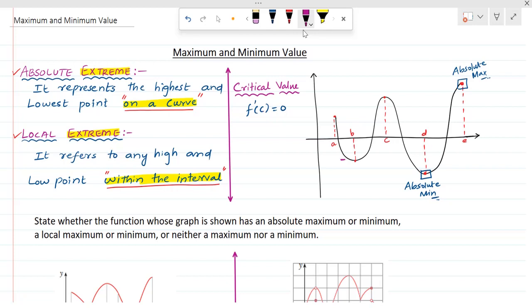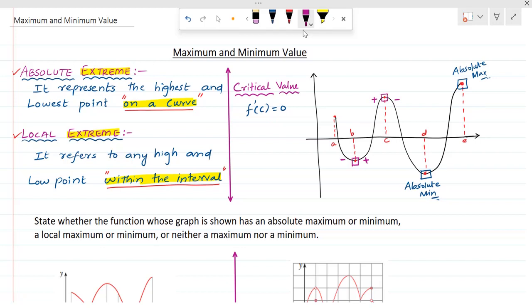After this point, it started increasing. Whenever you have this part, we call it the local minimum. Similarly, if it is going up, up, up, therefore it is plus. After this point, it started decreasing. Therefore, it is maximum. So this is the local maximum.